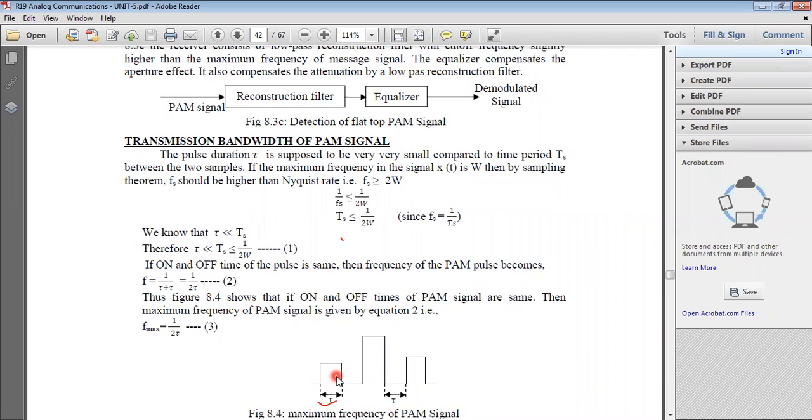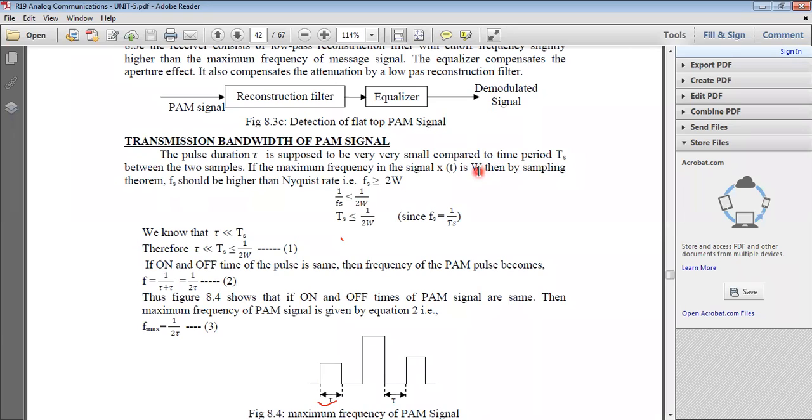And this pulse width is considered as tau. Each pulse is separated by a time period of capital Ts, this one, this one. So pulse duration is tau, and separation between pulses is capital Ts.